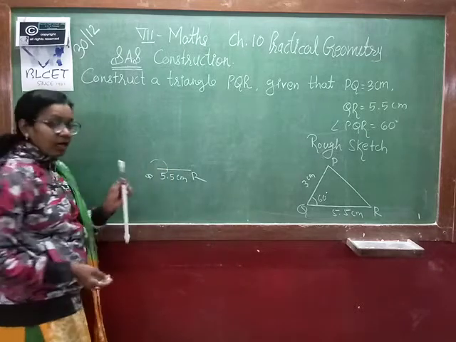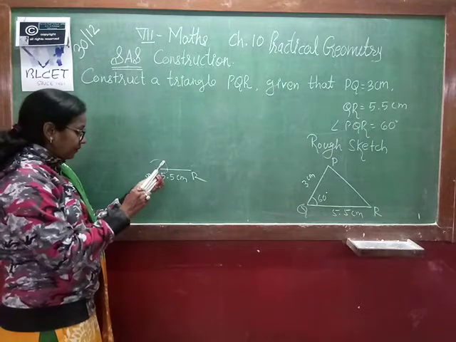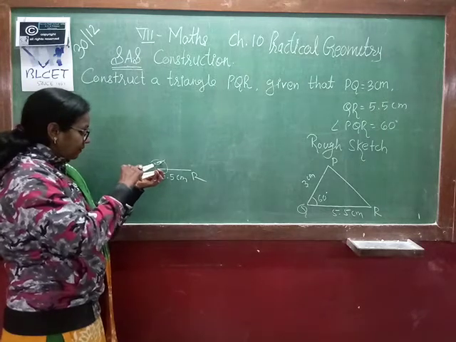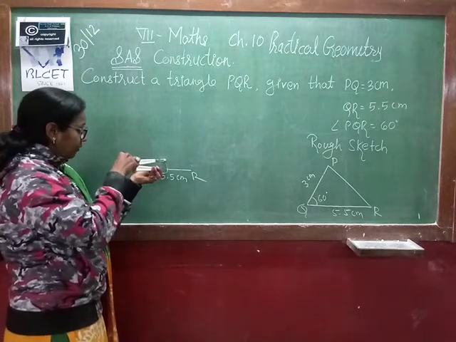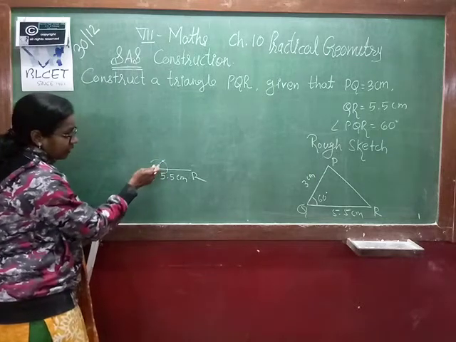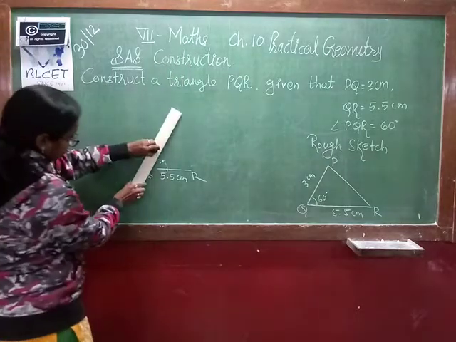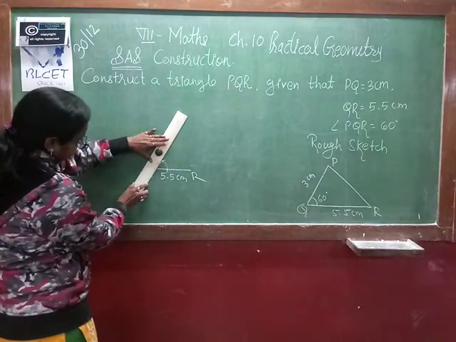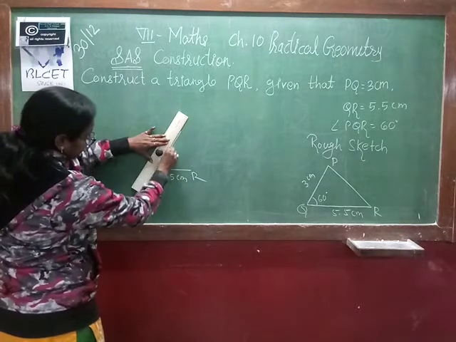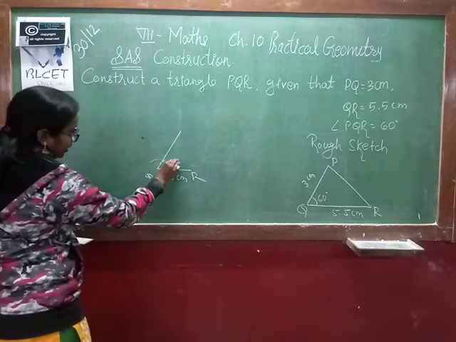From this, without changing this radius, draw an arc again, so that you are getting one point here. Now join these 2 points with the help of a scale. So at Q you have drawn a 60 degree angle.